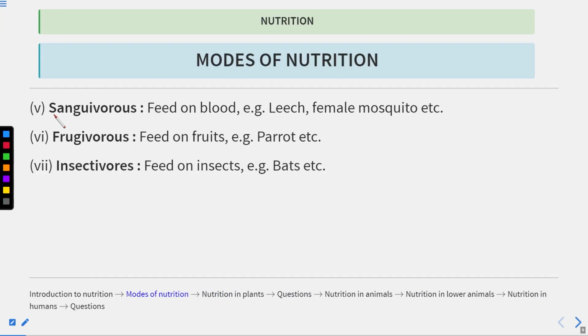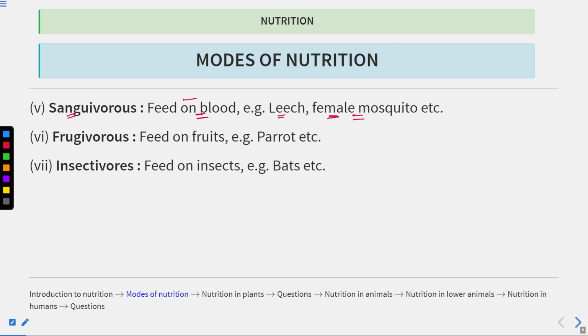Next category is sanguivores. These feed on the blood. So you must have heard about leech. The leech sucks blood. It can suck blood from the human skin also and some other living organisms also. And female mosquitoes. Usually the mosquitoes also feed on the blood, and usually these mosquitoes are female.